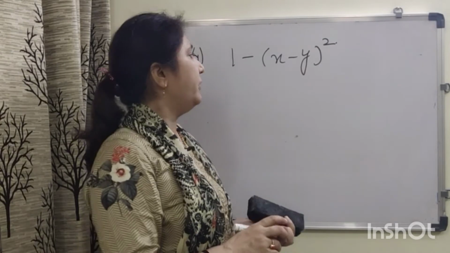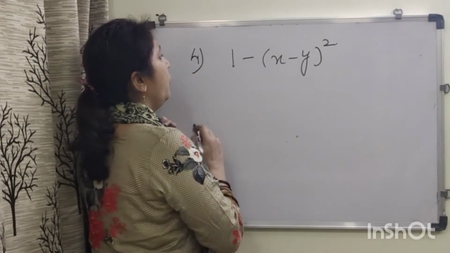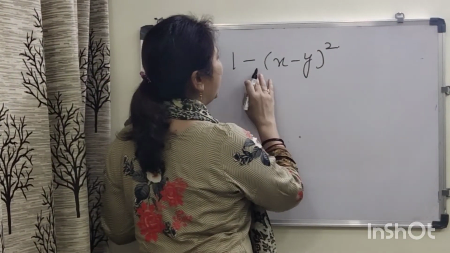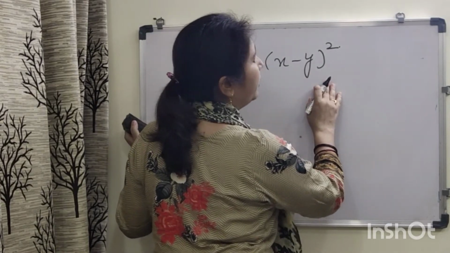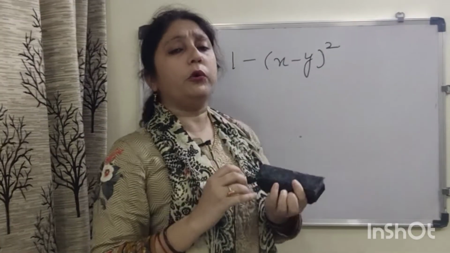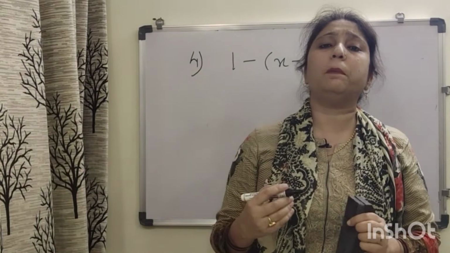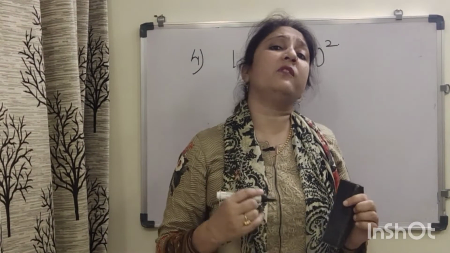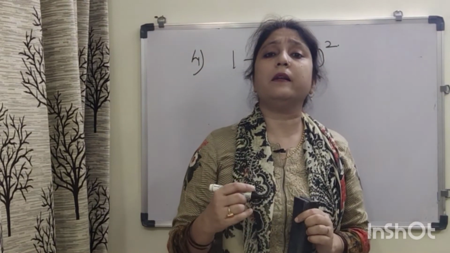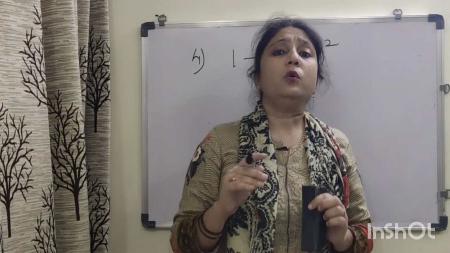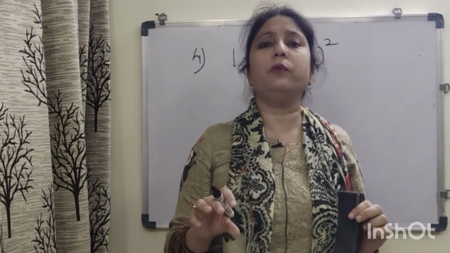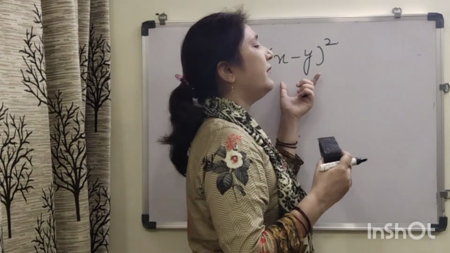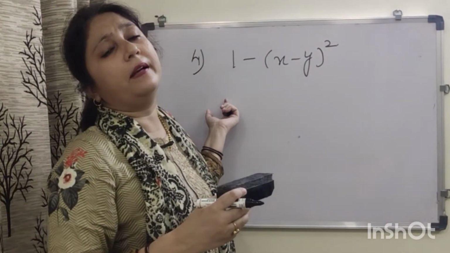The another question I have taken for you, where I have got 1 minus (x minus y) whole square. Children, I will show you 2 examples back to back to make you understand why it is important to look at the question very carefully when the binomial is at the second place or at the first place.